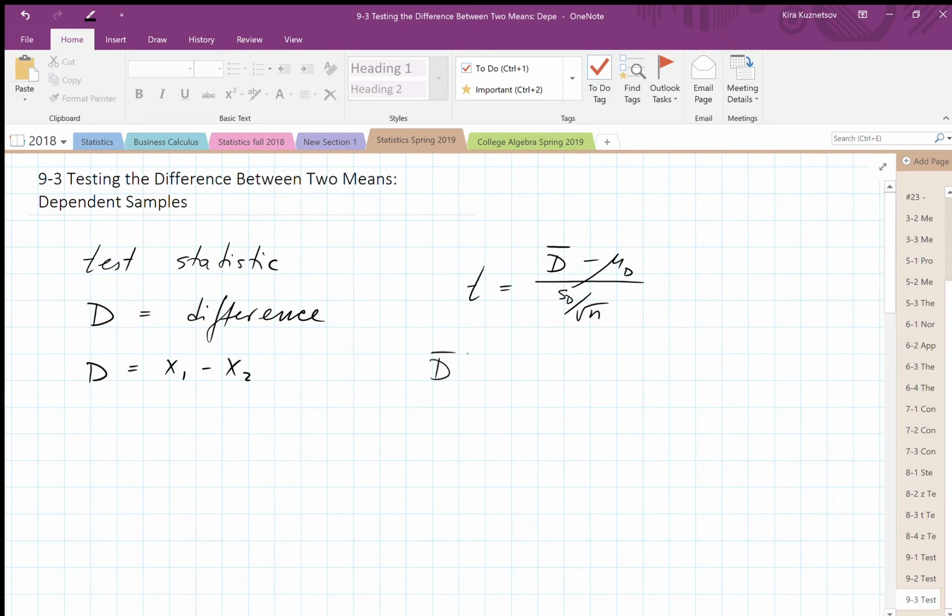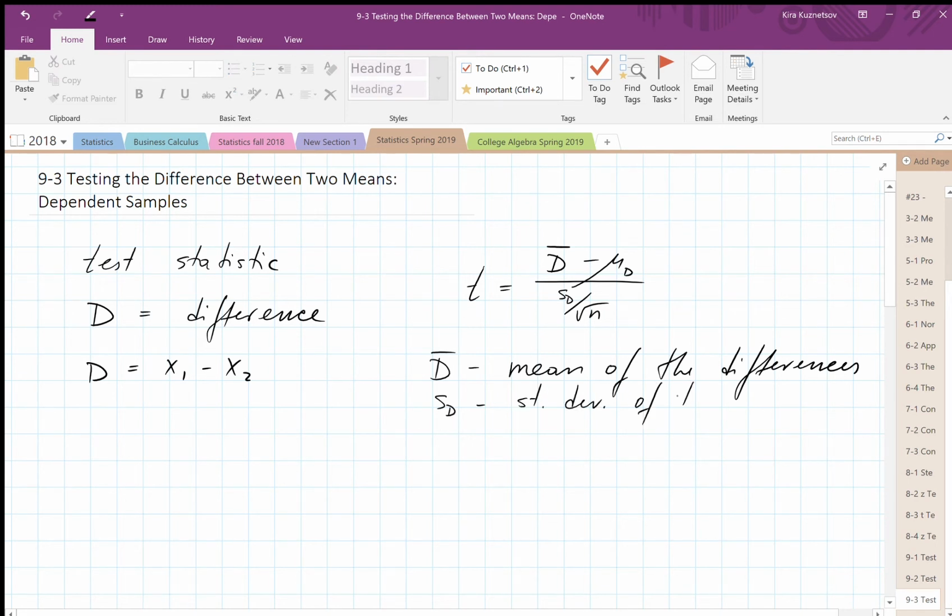The d bar is the average, the mean of the differences, and s sub d is the standard deviation of the differences.